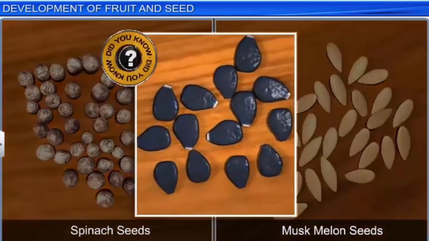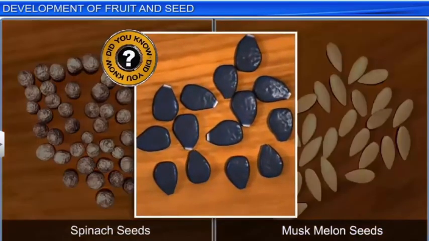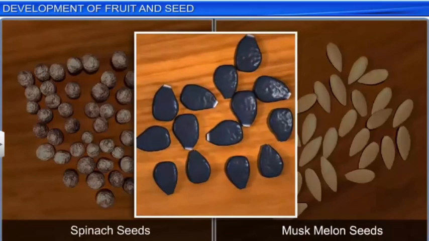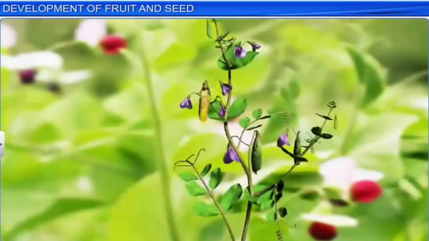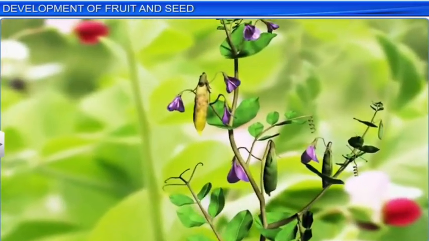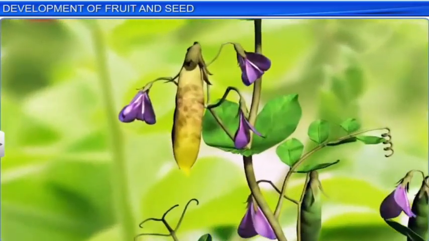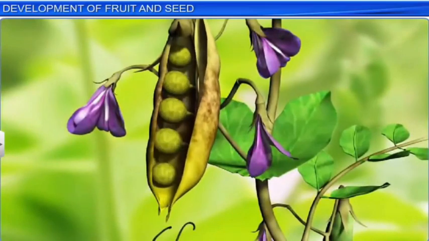Did you know that excavations around the Arctic tundra region have led to the finding of seeds of Lupinus arcticus, which remained viable for 10,000 years before germinating and flowering? Seeds, a character unique to angiosperms, also offer many advantages to these groups of plants.